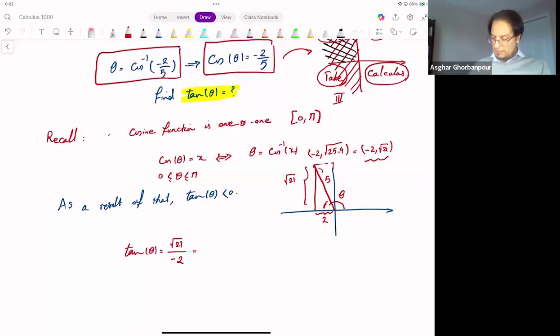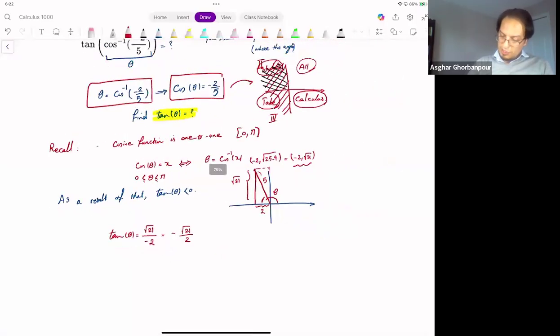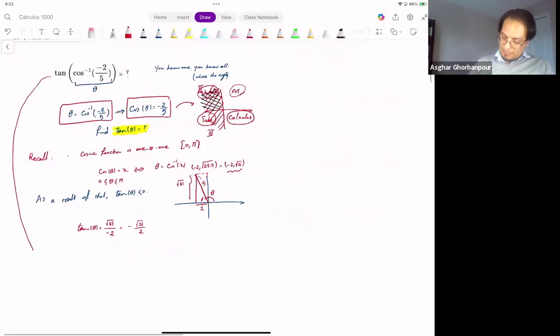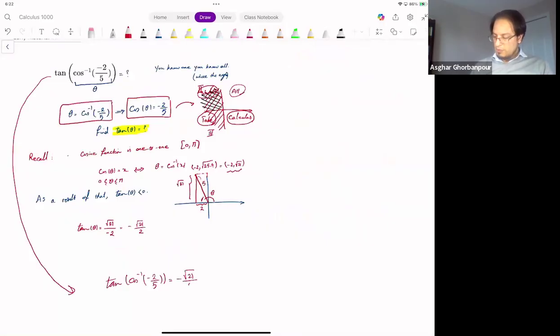So that means I'm dealing with this number. And going back to the question, this was what it was asked, that tan of cosine inverse of -2/5 is what? It is -root 21 over 2.